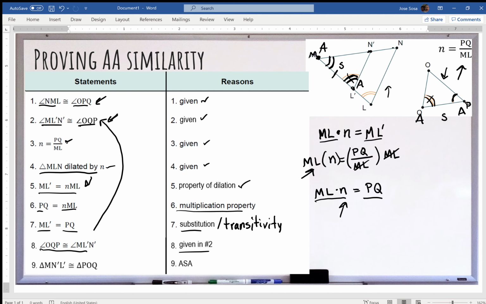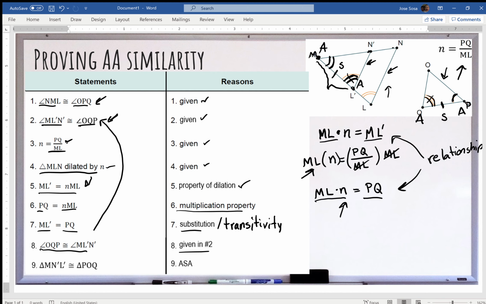But we have shown as well that the length between those two sides, the included lengths right there, are also congruent because, here's our work, because of the fact that this little triangle is a dilation of the bigger triangle, and the dilation is performed in such a way that we get this relationship right over here, which is what we need. Perfect.